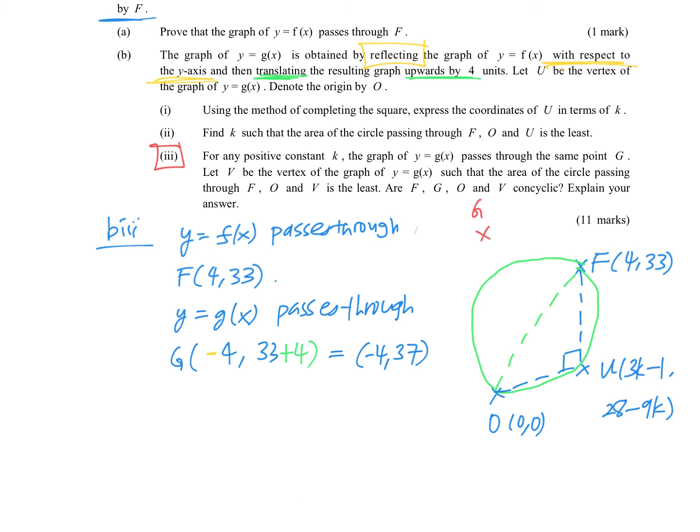So let E be the vertex of graph of y equals g(x) such that the area is the least. So here u no longer, this y becomes v. And then from part B2, we know that the area of the circle would be the least when k equals 3.